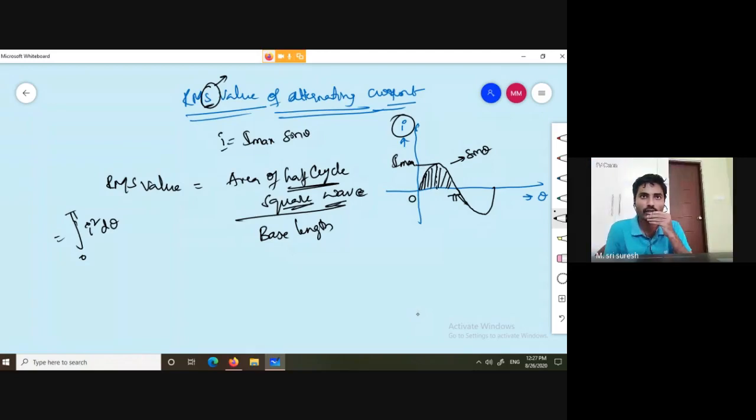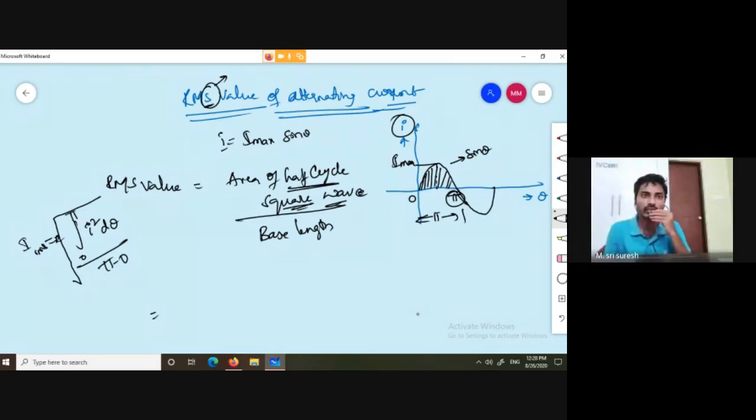So we apply i square d theta divided by the base length, pi minus 0, for a half cycle. This is the I RMS, and we apply the root over the mean square value.